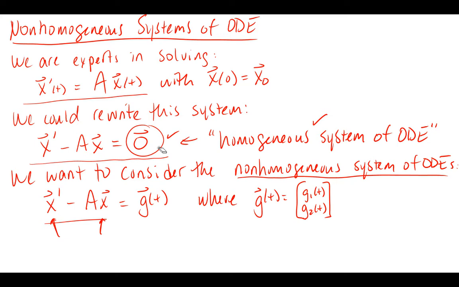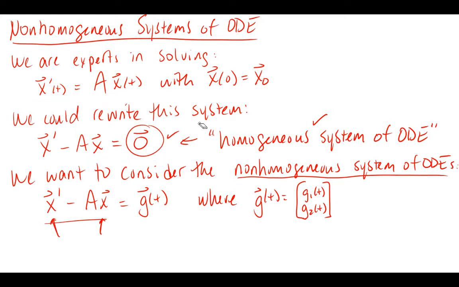But to match our lingo from ODEs class, that's more of a homogeneous system, because when you write it in the usual way we write an ODE, with y prime and y all on the left side and the stuff that doesn't have the y's usually on the right, well, it's a zero. We called that homogeneous way back when, so we still call it homogeneous here.